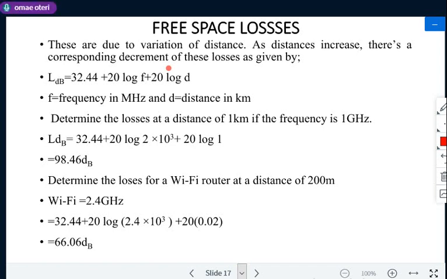People have studied it, indicating that if there is an obstacle somewhere, it will affect your signal as it moves. As the signal propagates from the transmitter to the receiver, I will take my transmitter here and the receiver there, with a distance between the two given by D.